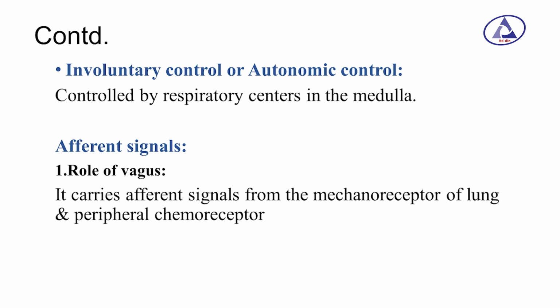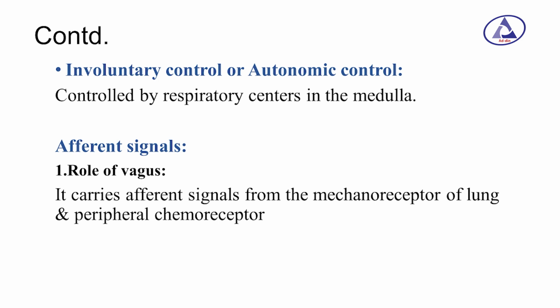So, afferent signals. Afferent signals come from the vagus nerve. Therefore, it carries afferent signals from the mechanoreceptors of the lung and the peripheral chemoreceptors. Both the same. Mechanoreceptor, what do you mean? Do you remember from the nervous system?